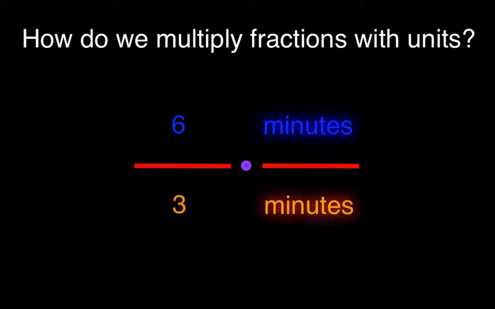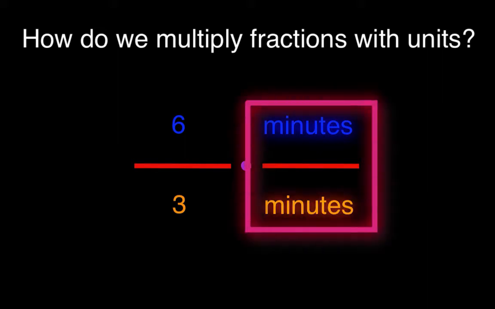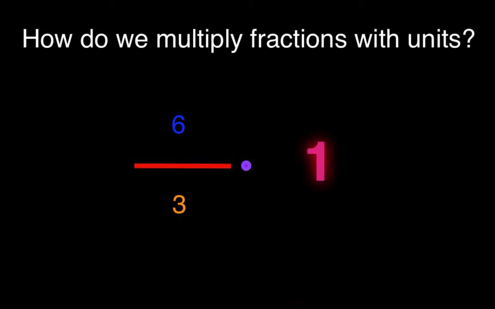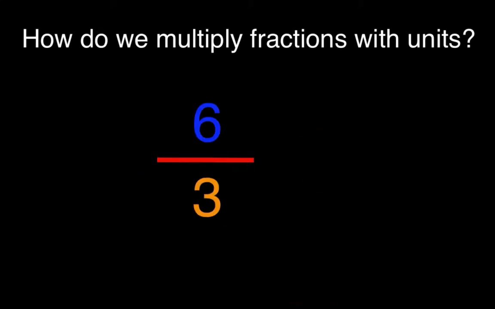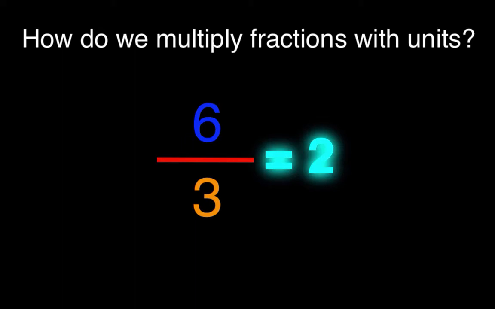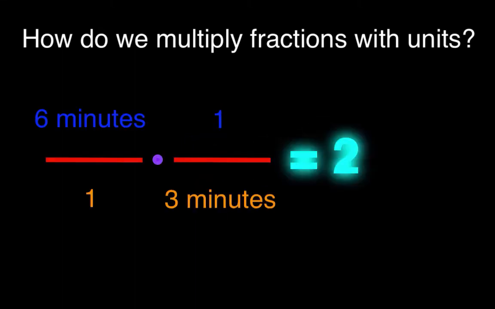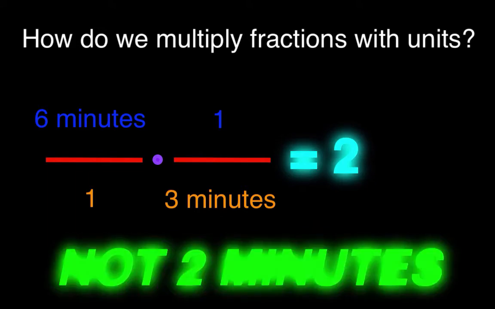Last I checked, minutes are the same as minutes, which would make this a fancy form of 1. And 3 goes into 6 2 times. So 6 minutes times 1 over 3 minutes is 2, not 2 minutes.